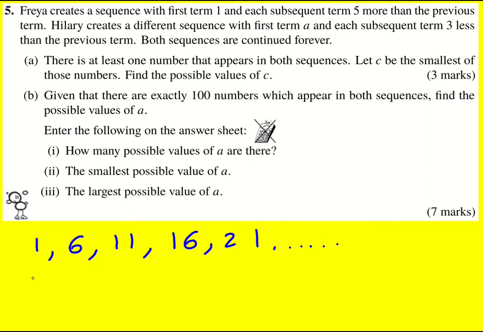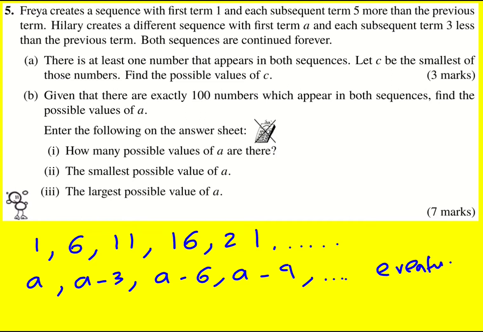Hilary's sequence, however, starts with A, and then each subsequent term is 3 less than the previous term. So we don't know what A is. But what we do know is that eventually it will become negative.